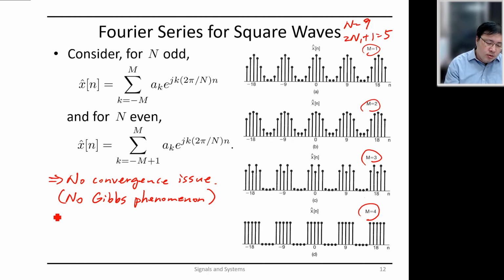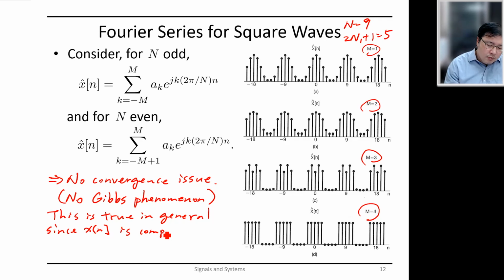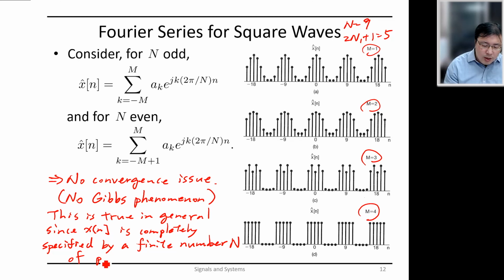And this is true in general, not only for periodic square waves, since x[n] is completely specified by a finite number N of parameters.